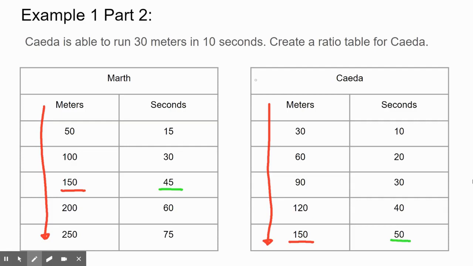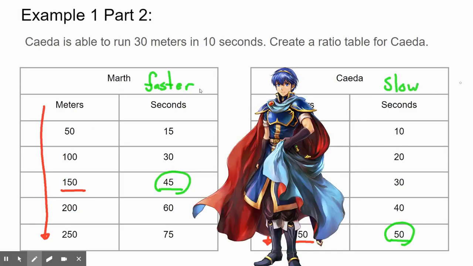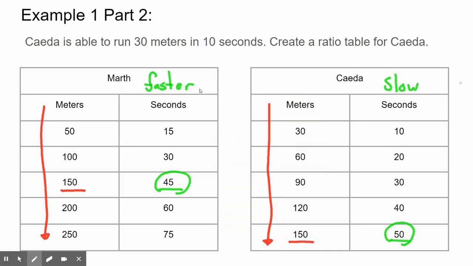If we do so, we know that 45 is less than 50. So that must mean that since Marth ran the same distance in 5 fewer seconds, Marth must be faster than Sita. Okay? So that's all that you need to do.